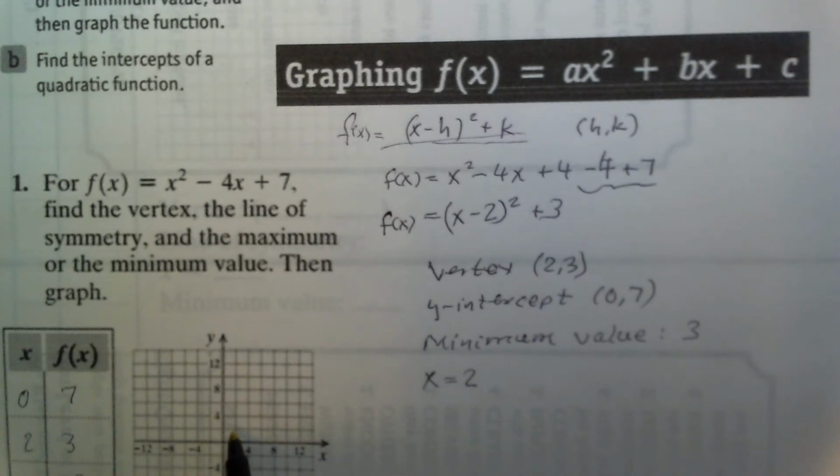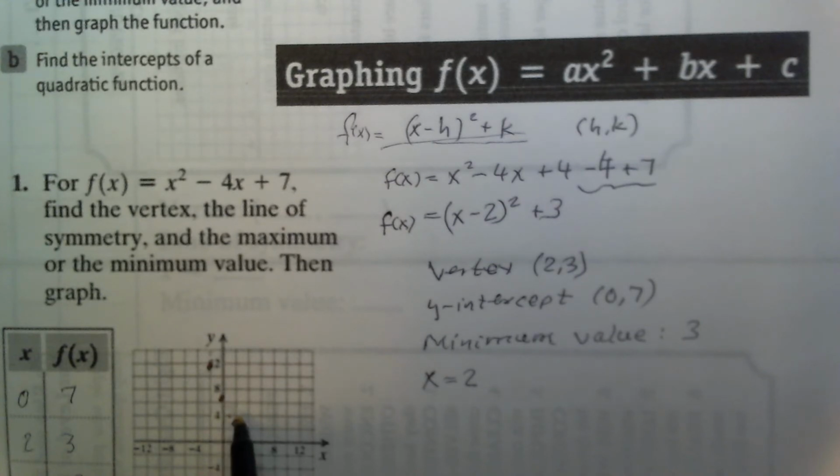So 2, 3 would be here, our vertex. The y-intercept is at 0, 7. That's this point here. And minus 1, 12. That's this point over here. And then at 1, 4 would be here.